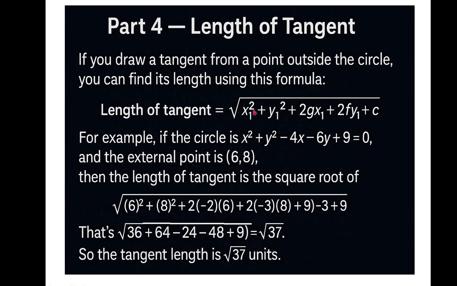Now we put this point in: 6² as x1² and 8² as y1², plus 2g·x1. What is our g? We can calculate g and f from the equation: g is −2 and f is −3. Putting the values in, you will get the answer 37.